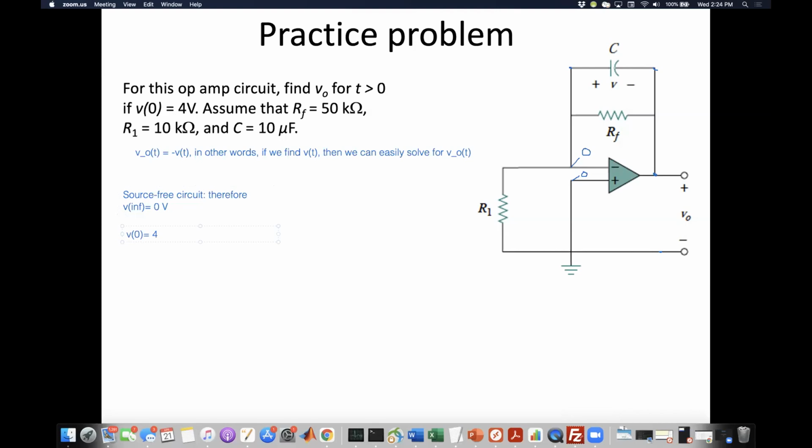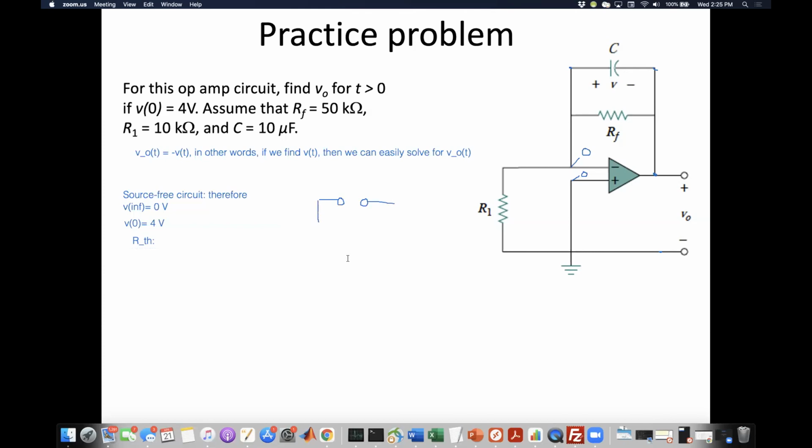And so now the last piece that we need is the time constant. So to get the time constant, we basically have to look at the resistance seen by the capacitor. So I'm going to draw the capacitor as an open circuit.